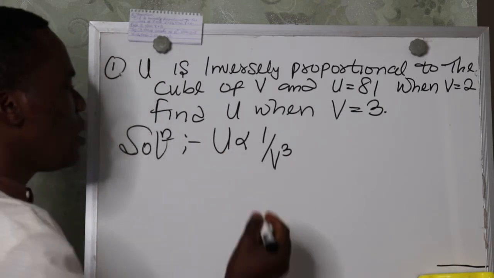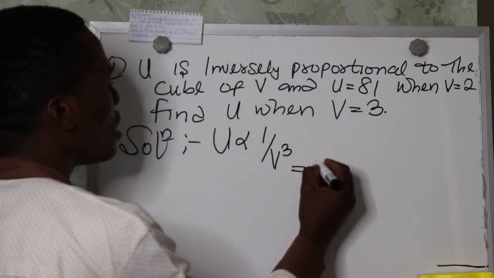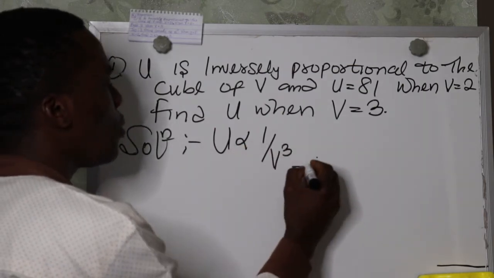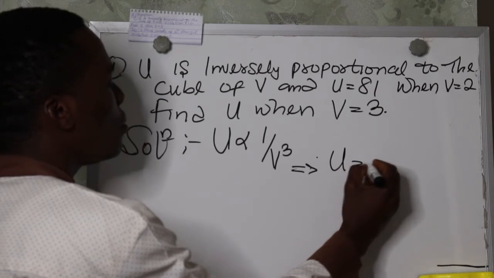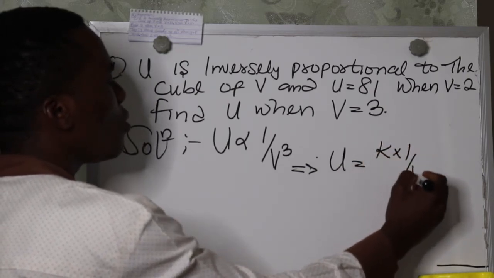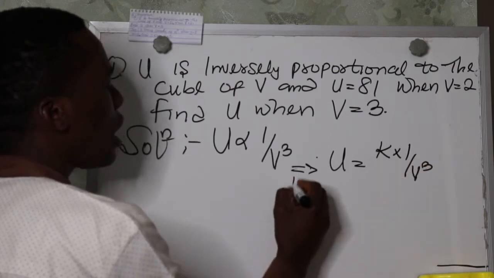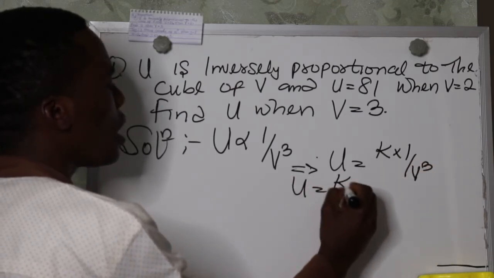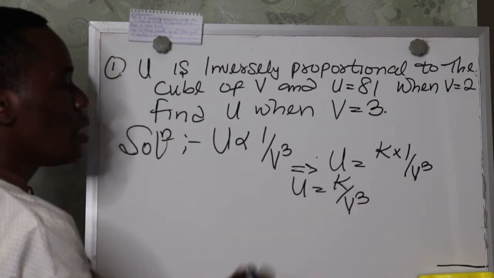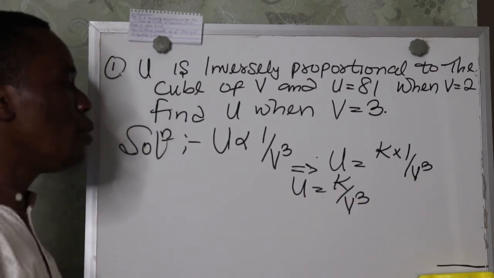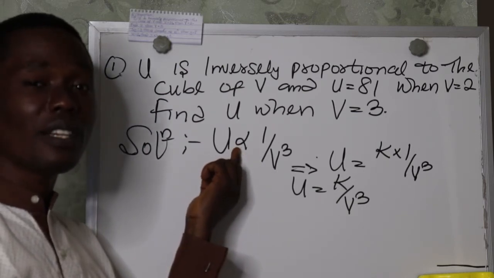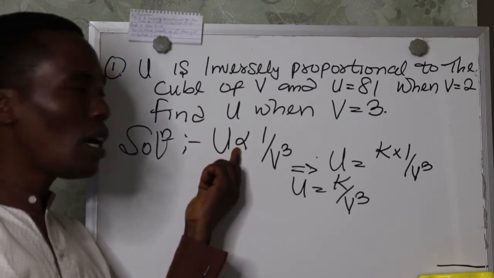If you follow up this sign, changing the constant value with a k, our u will be equal to k multiplied by 1 over v cubed. Then our u will be equal to k over v cubed. Now, this is the constant. This is the value we'll get when we remove the constant of proportionality. Of course, we don't need them in our solution.